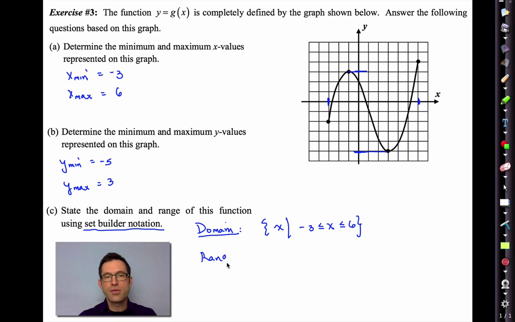And the range, likewise, is all values of y such that -5 is less than or equal to y is less than or equal to 3. That's what's called set builder notation. We're also going to use something called interval notation, but we'll get to that in just a little bit. Okay? So, write down what you need to, pause the video, and then we'll clear this out.